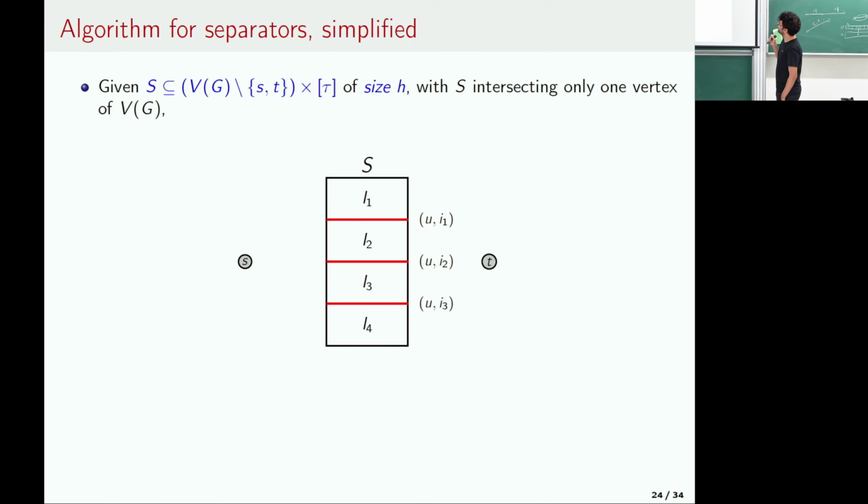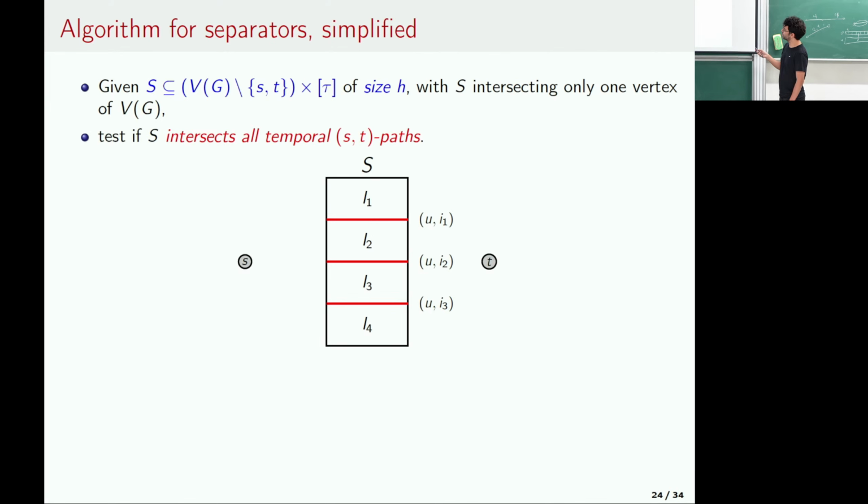To simplify things, I will say that every temporal vertex that appears inside of S is a copy of the same vertex of V. So I have 3 temporal vertices in S: U at some time I1, U at some time I2, and U at some time I3. And I want to test whether this S intersects all temporal ST paths.